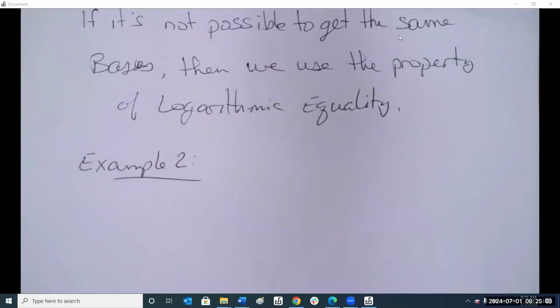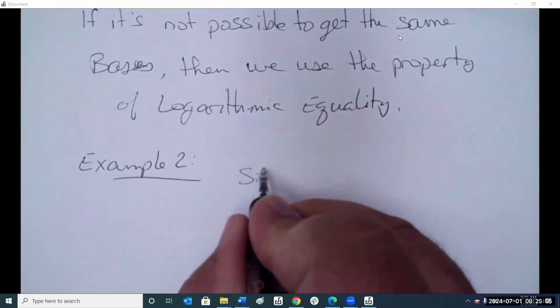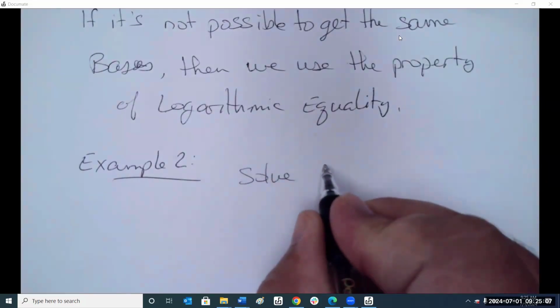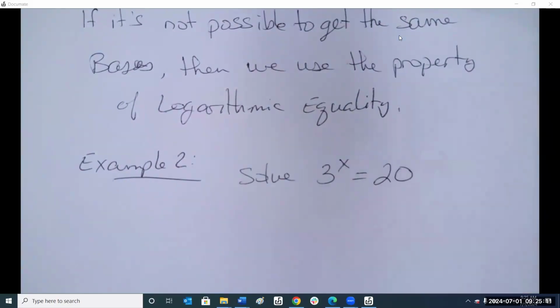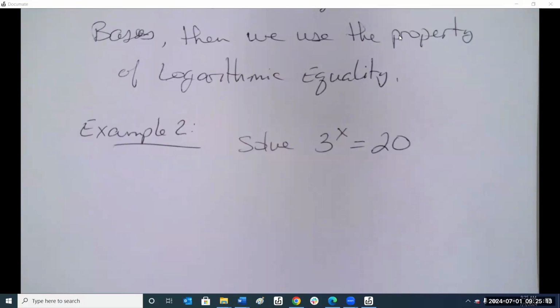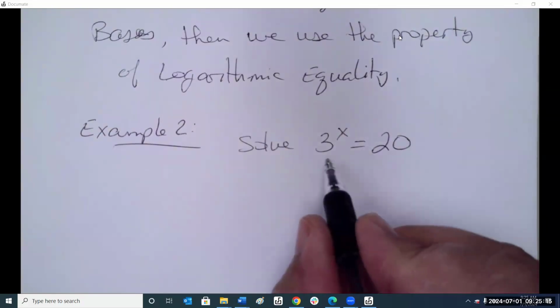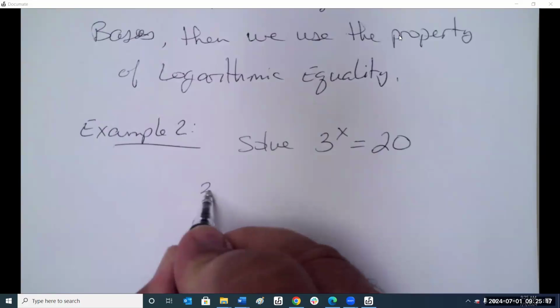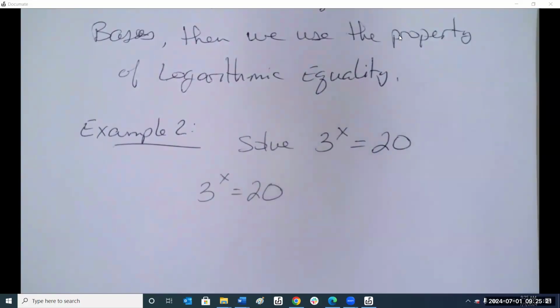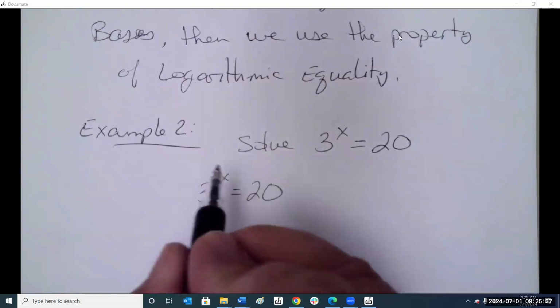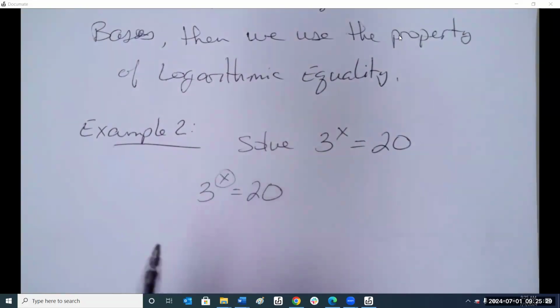Example 2 will show this. So 3 to the power x equals 20. Since there's no way for that to be true, what we have to do then is get the x down using logarithms.